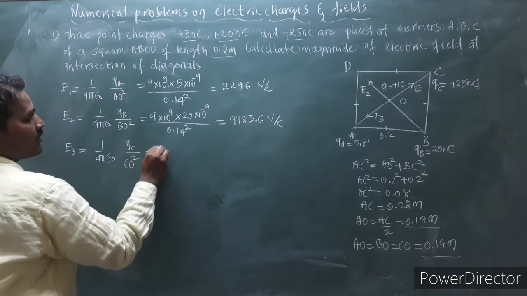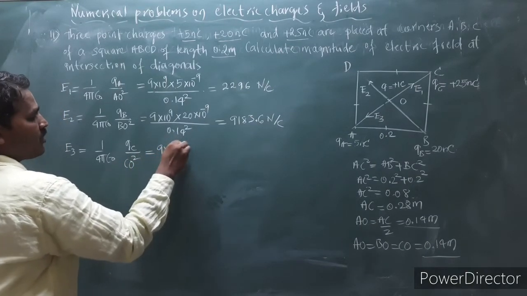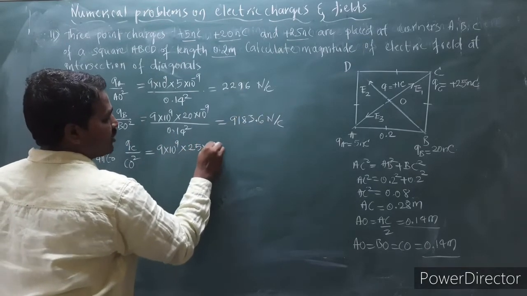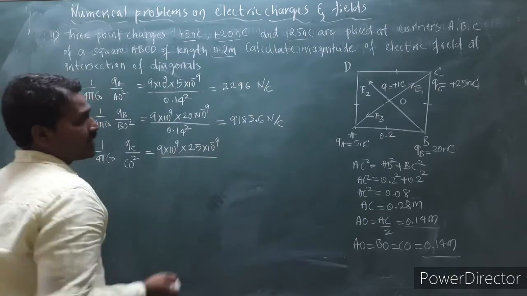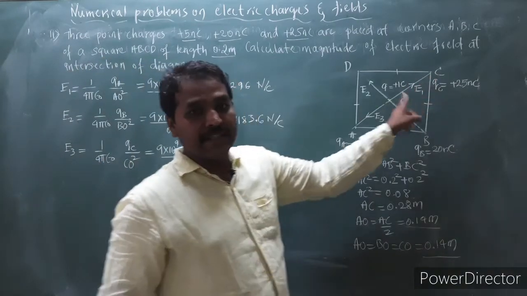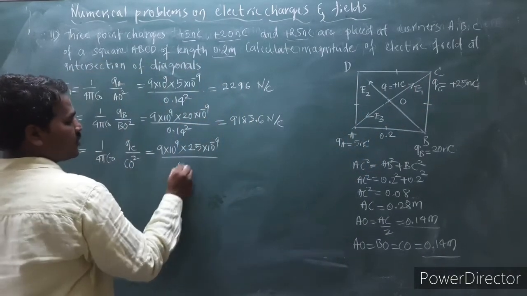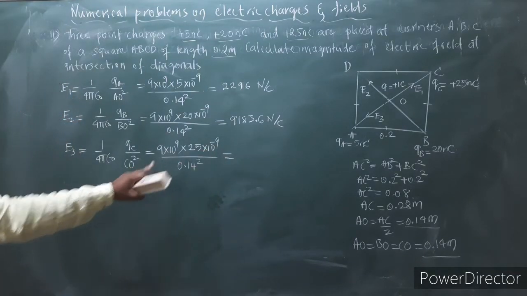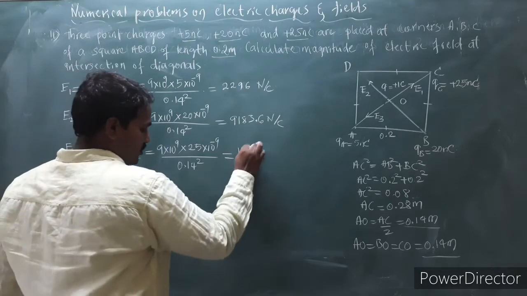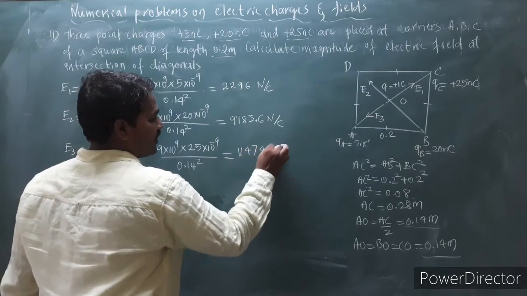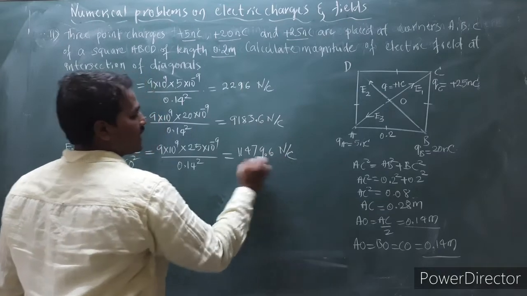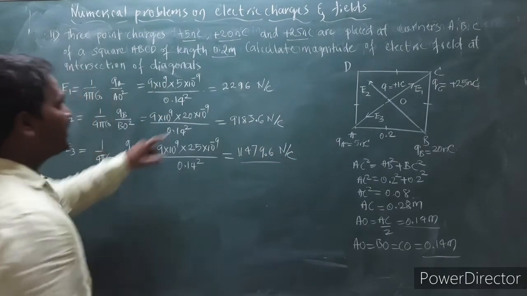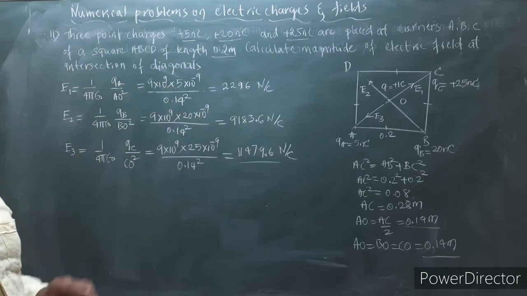Substituting the values, that is 9 into 10 to the power of 9, into 25 into 10 to the power of minus 9, divided by 0.14 square. When I simplify this, I get 11,479.6 newtons per coulomb. You can calculate and verify this. So these are the magnitudes of E1, E2 and E3.